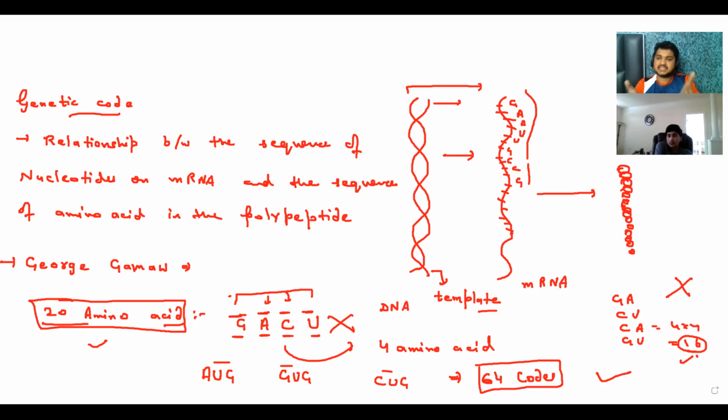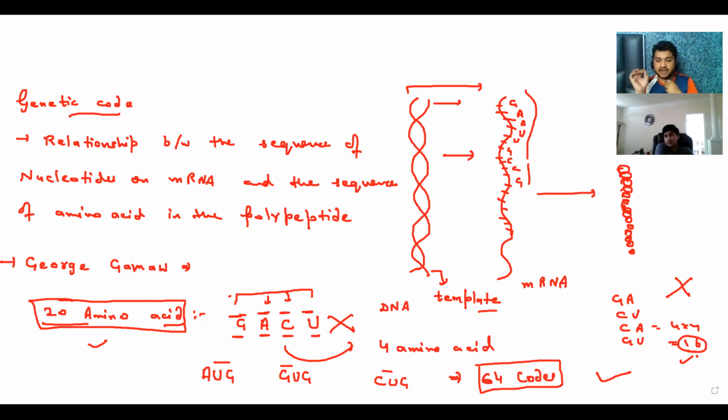That's why if you are getting extra codons to code, it's good. But suppose you are getting only 6,000 rupees monthly, and your basic amenity cost is 10,000, so is it enough? No. That is the same thing here. You can't form fewer codons than amino acids. Yes, you can form more than amino acids. So that's why we choose this.